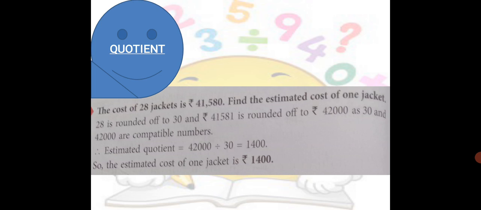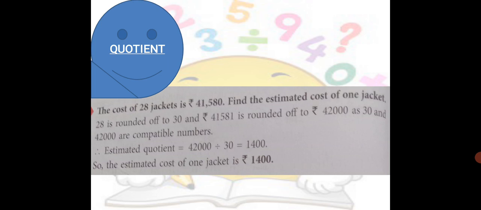The cost of 28 jackets is rupees 41,580. And now what to do? We have to find out the estimated cost of one jacket. For that, what will we do? Round off 28 and we will get the value 30.